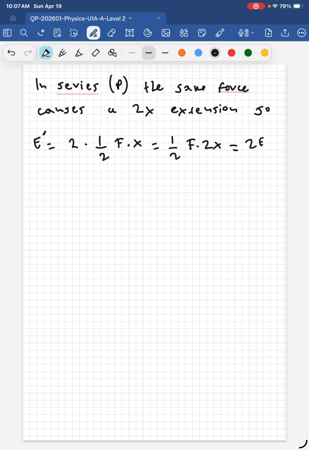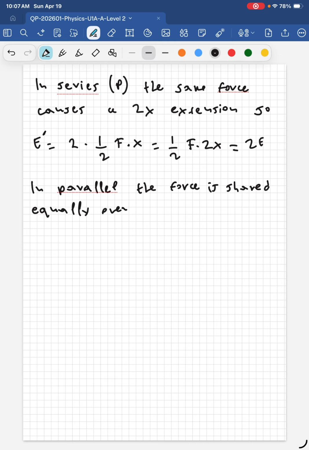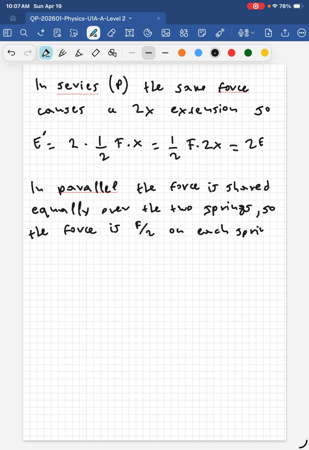In parallel, the force is shared equally over the two springs. So the force is F over 2 on each spring, and the extension will halve.